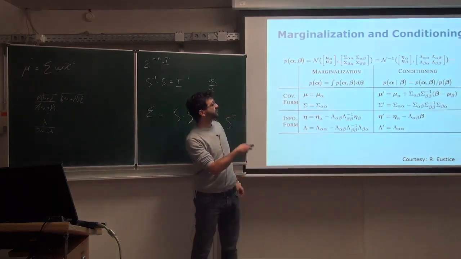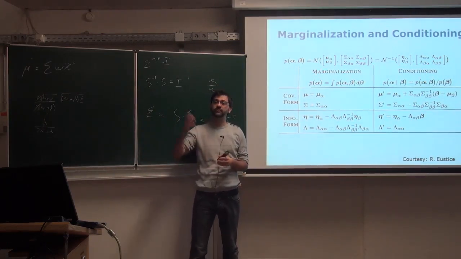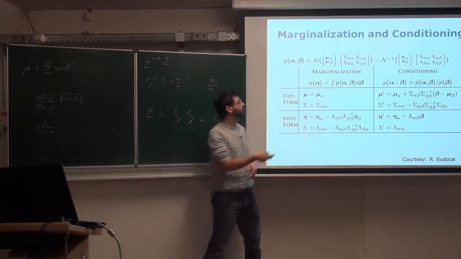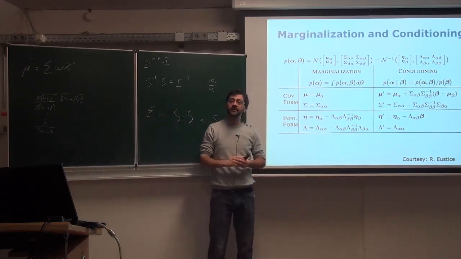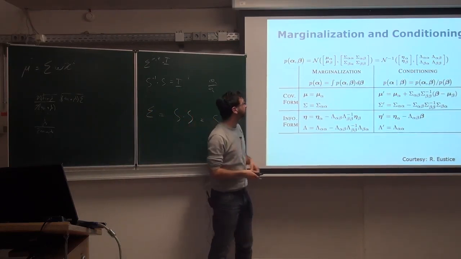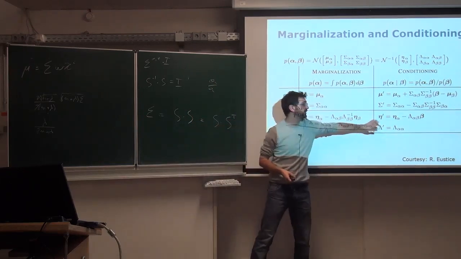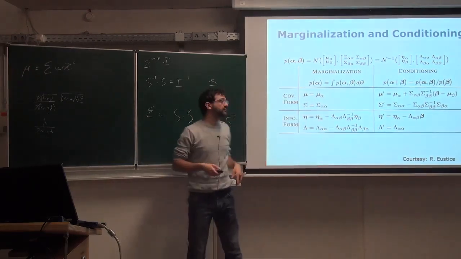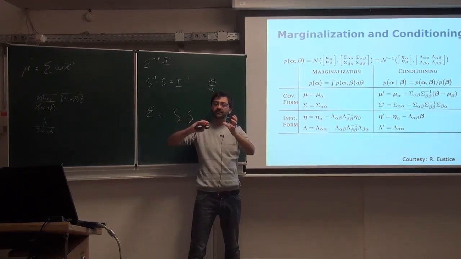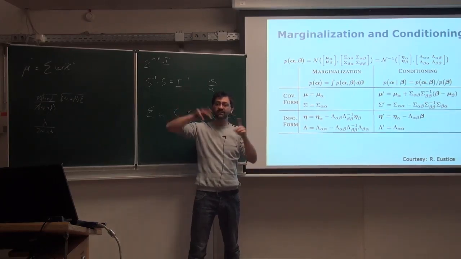If you express them in this way, you have different forms for marginalization, where you take one variable out by integrating over it, or for conditioning, where you ask for the distribution of this variable given that I know the values of the other. As you can see, they are dual in the parameter space, just because one is the inverse of the other, and some operations are the inverse of the other, therefore you get this duality.